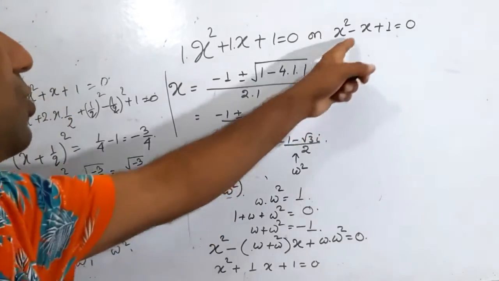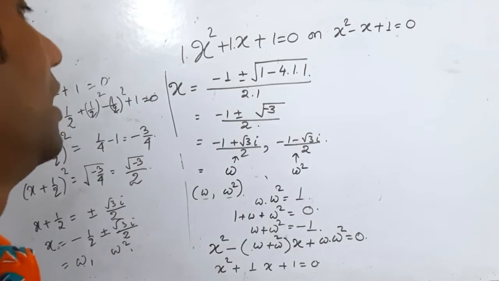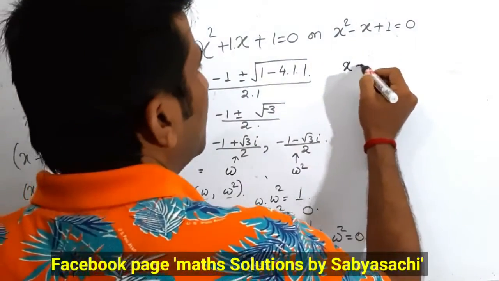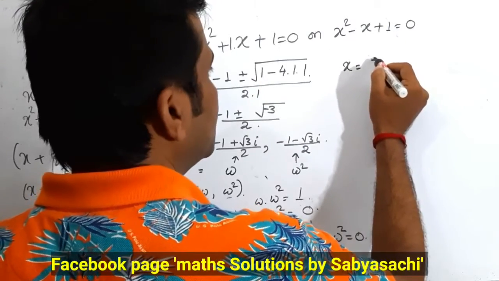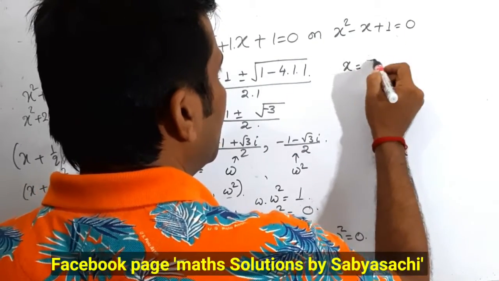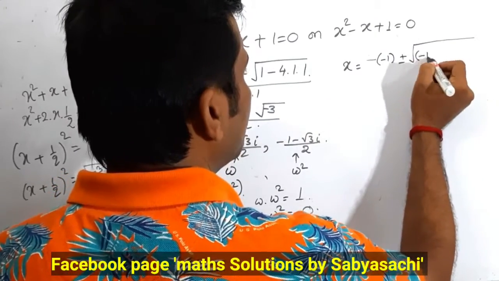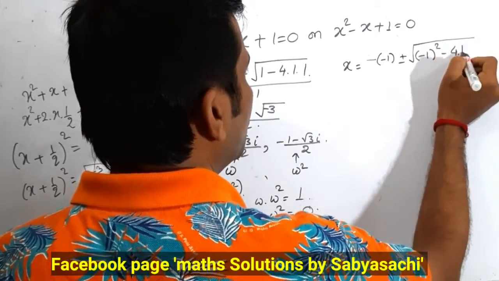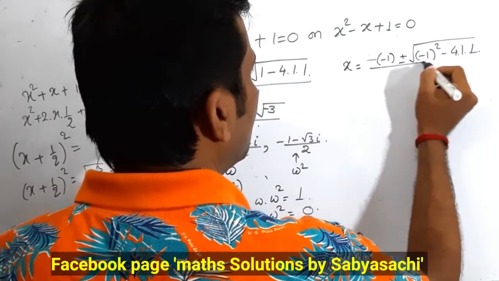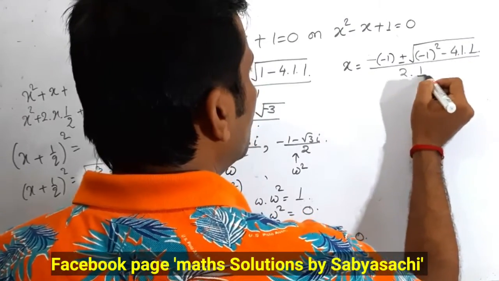Now, the roots of the equation are x is equal to minus b, that means minus of minus 1, plus minus root of b square, that means minus 1 square minus 4 into 1 into 1, over 2 into 1.